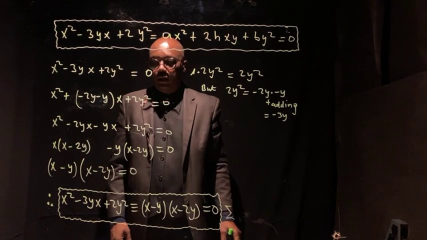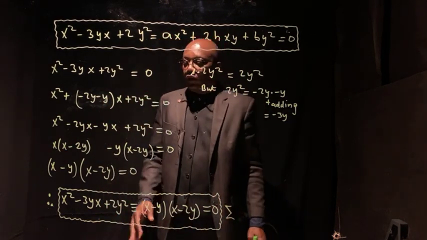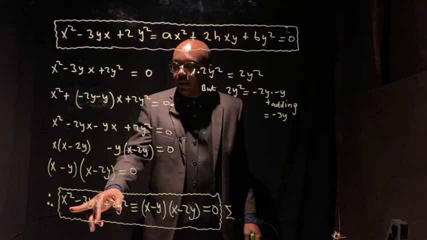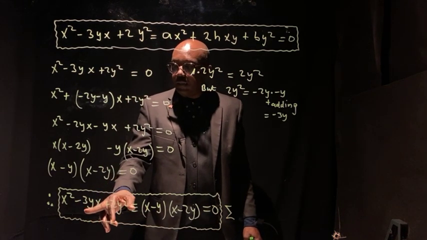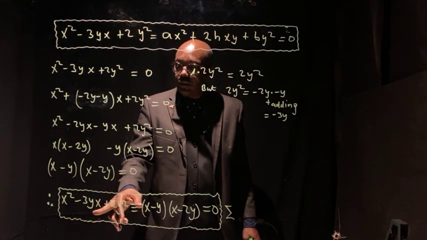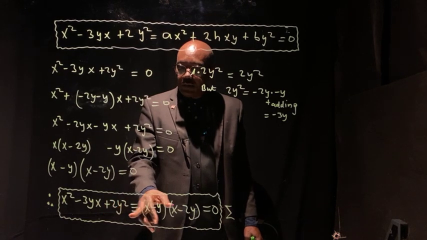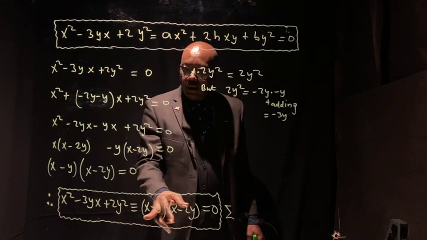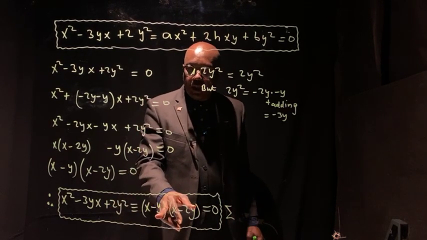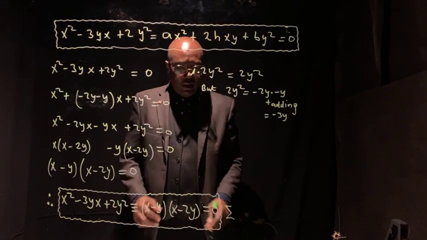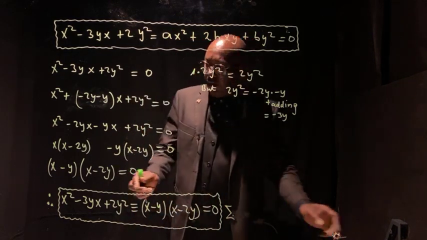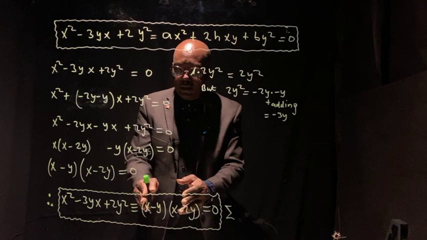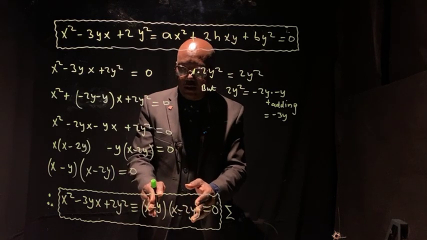I'll call this one equation sigma. So the second, the homogeneous equation of second order, we have seen that, in fact, the left-hand side is equal to the right-hand side, which indicates that this line gives rise to two lines.